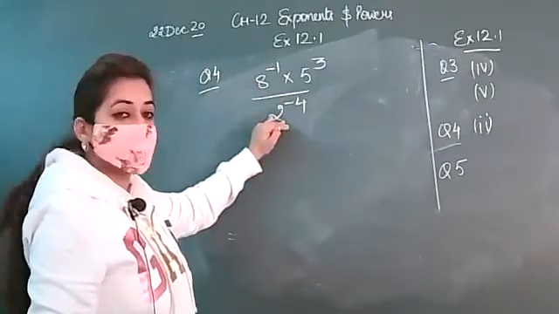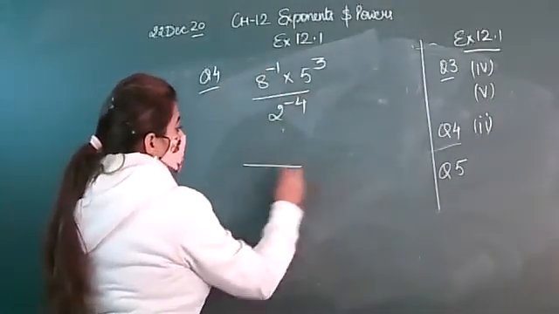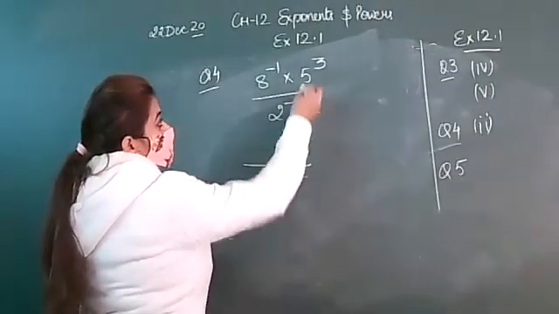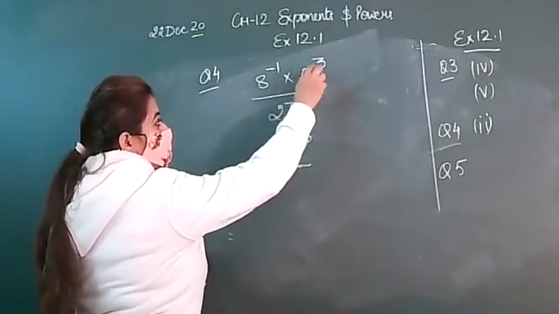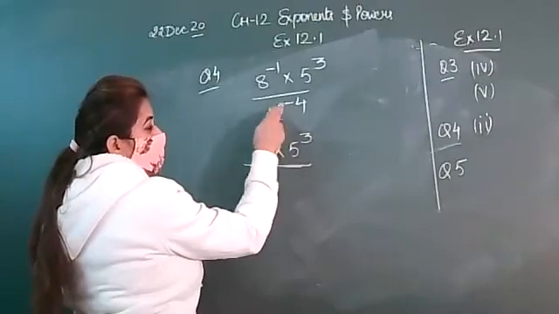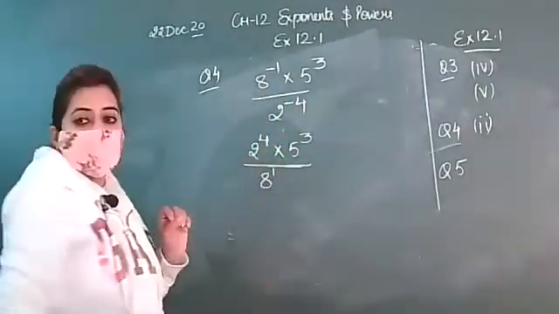So if you make the reciprocal, it will come in the numerator. So 8 will be written here in the denominator, that will make the power 1. 5 raised to power 3 is same because it doesn't have the negative power, so it will be kept same. Now this negative power, when you shift it in the numerator, it will become 2 raised to power 4.